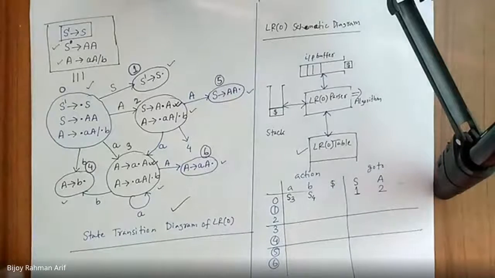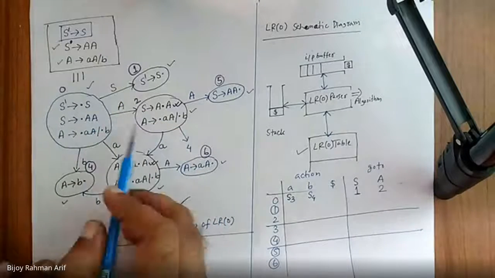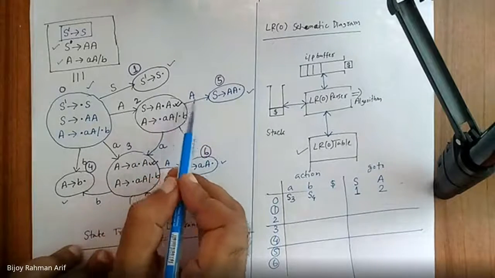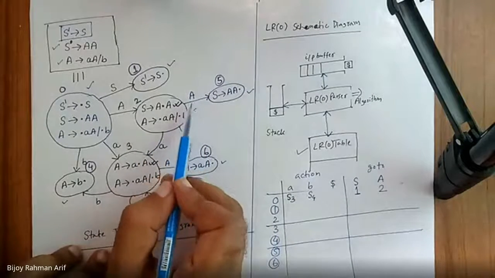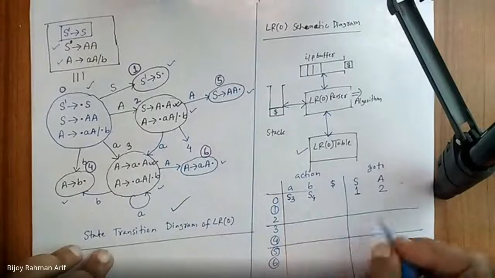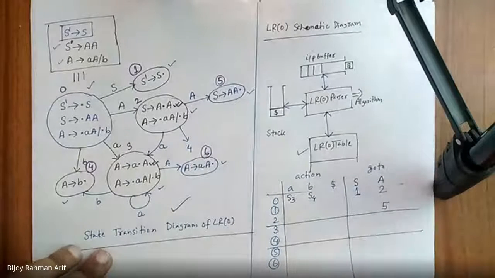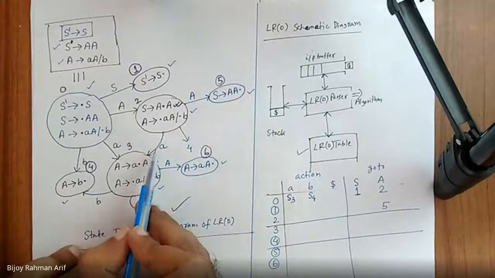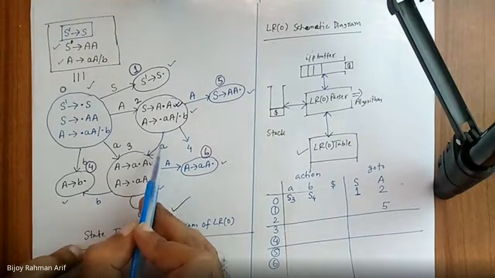Good. Now let's go to 2. In number 2, what happened? 2 seeing capital A, which is nothing but a non-terminal. We are going to 5, so we are going to write here 5. Then 2 seeing small a, which is a terminal.